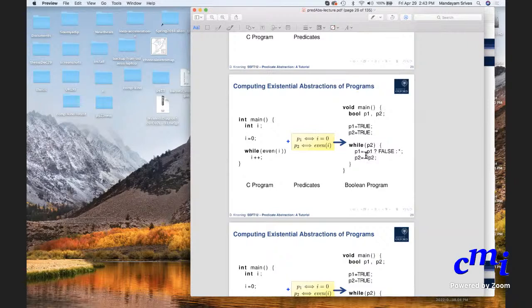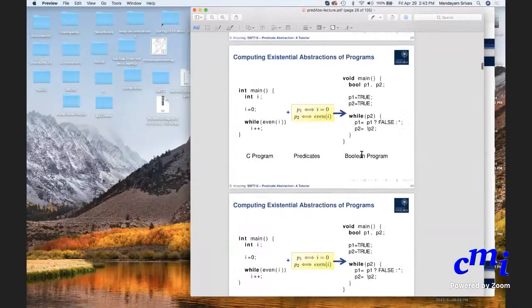But the point that I want to capture here is that by choosing enough predicates corresponding to all the Boolean expressions here, this can be converted into what I call a Boolean program, which tracks the predicates. The important thing to observe is that while it abstracts the data into Boolean evaluations for these predicates, you can do it in such a way that it preserves the control structure. Any questions here?